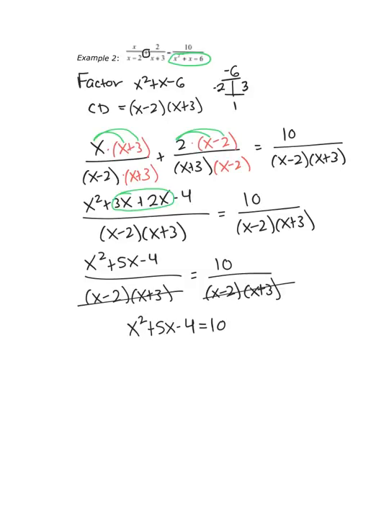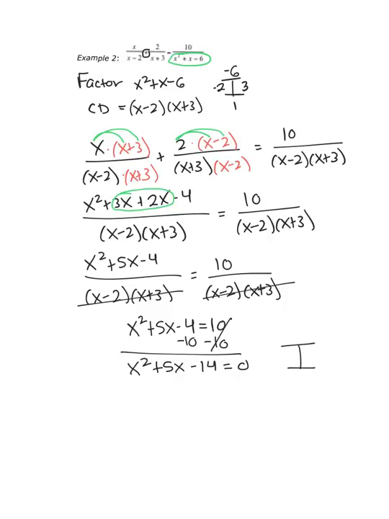Here I need to get this 10 to the other side, so I'm going to subtract 10 from both sides. So I've got x squared plus 5x minus 14 equals 0. At this point, I can factor again to find my solutions.